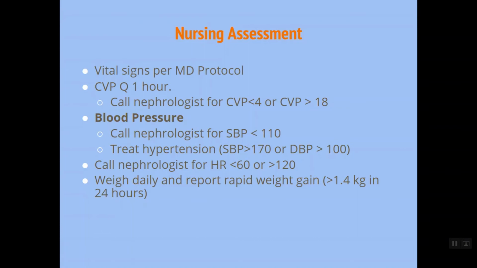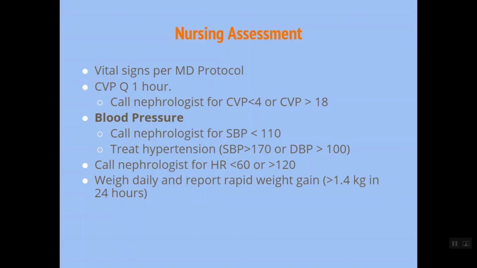Likelihood is maybe it's pain management, maybe it's blood pressure, maybe they're dry, to which it's affecting their heart rate in a tachycardic way. You want to make sure to weigh the patient post-operatively and report any rapid weight gain in 24 hours.